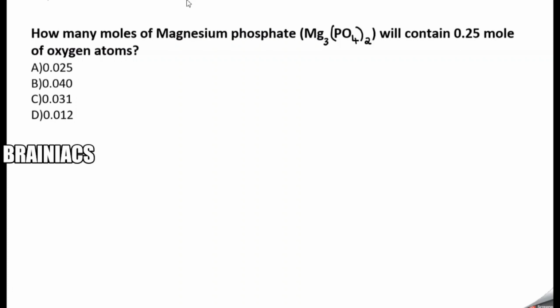How many moles of magnesium phosphate, that is Mg3(PO4)2, will contain 0.25 mole of oxygen atoms? Okay, so how to do this question? First I will talk about one molecule of magnesium phosphate.